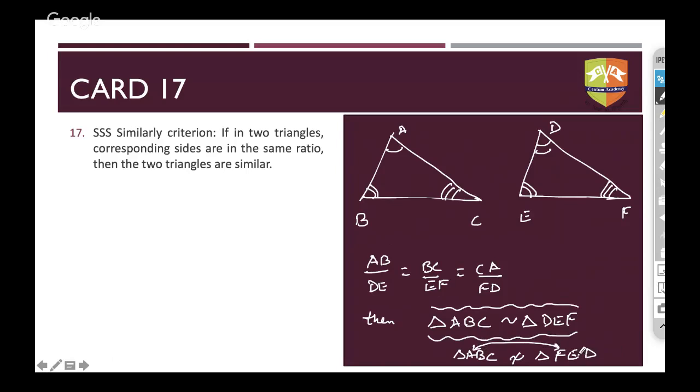A and D were the same, so A and D must be written in the same order. All the vertices must be in the same order of equality. That has to be taken care of. Okay, so let's move on to the next slide.